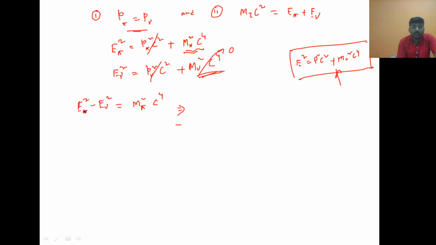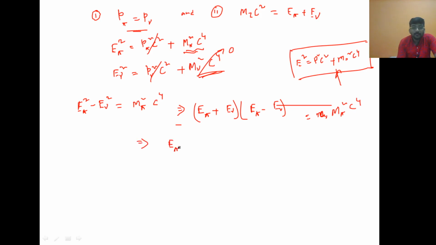E pi square minus E nu square is of the form a square minus b square, which is a plus b times a minus b, so E pi plus E nu times E pi minus E nu is equal to m pi square c to the power 4. So what will be E pi minus E nu?